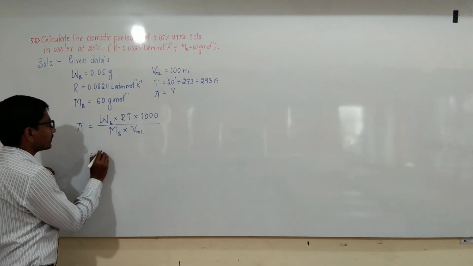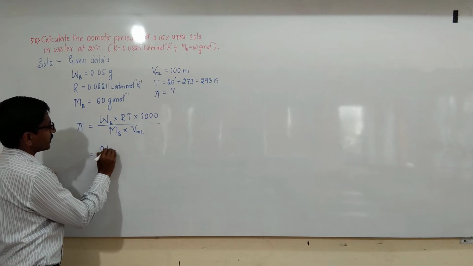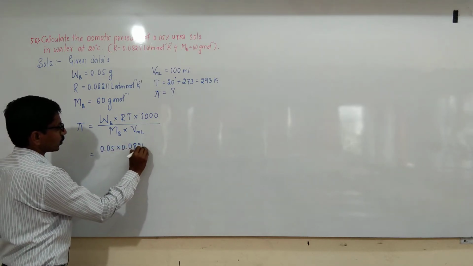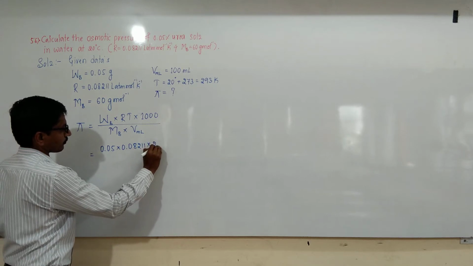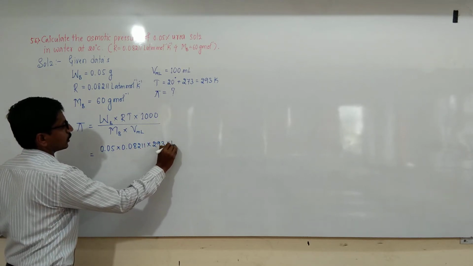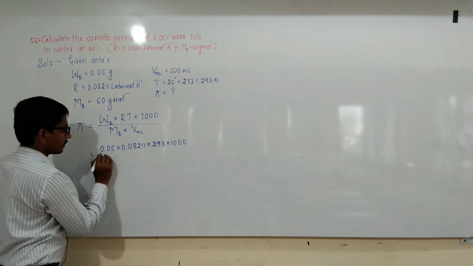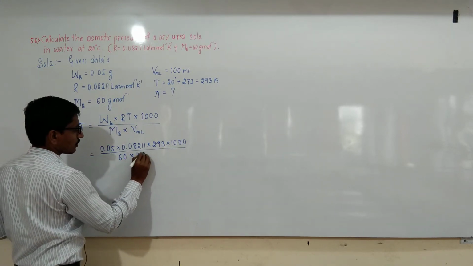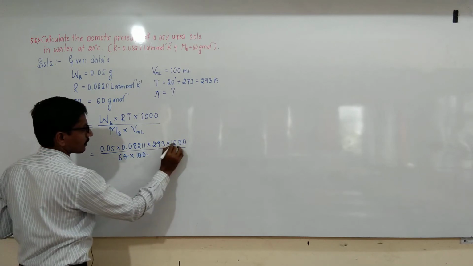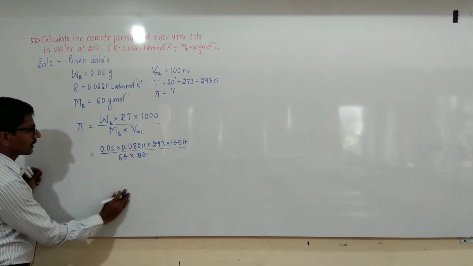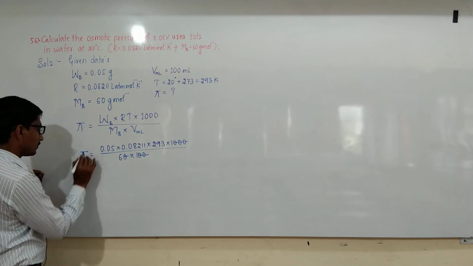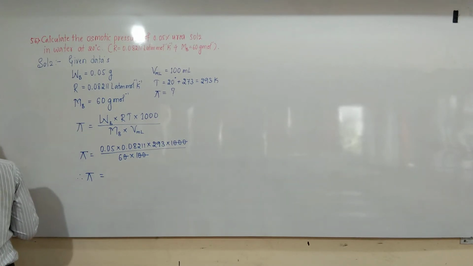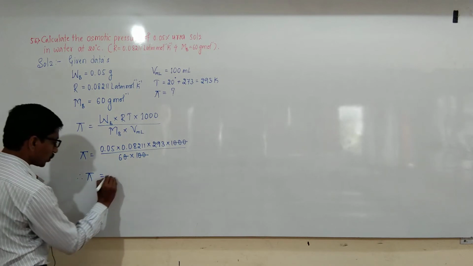Substituting the values in this equation, WB 0.05 into 0.08211 into 293 into 1000 divided by 60 into 100. Therefore, osmotic pressure of the solution is 0.2 atmosphere.